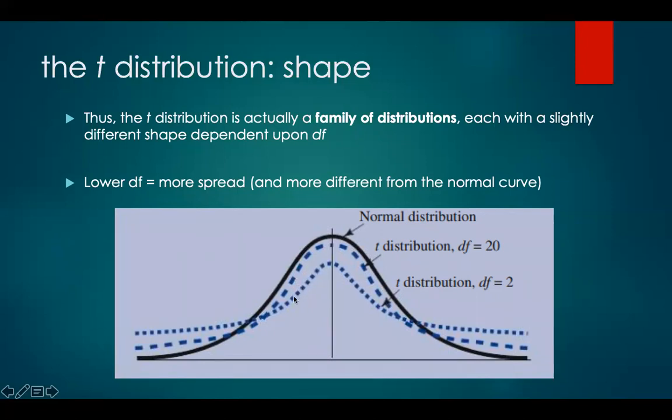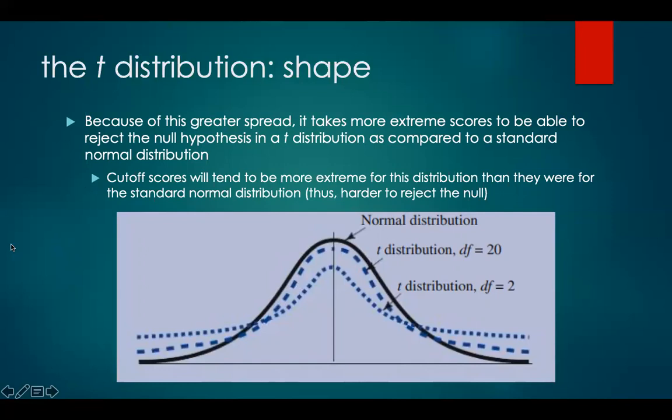Look at this closely dotted line on the bottom. And with a larger sample size, it approaches the normal curve more closely. You can see that in this larger dotted line here. And this thick black line here is the normal distribution overlaid.